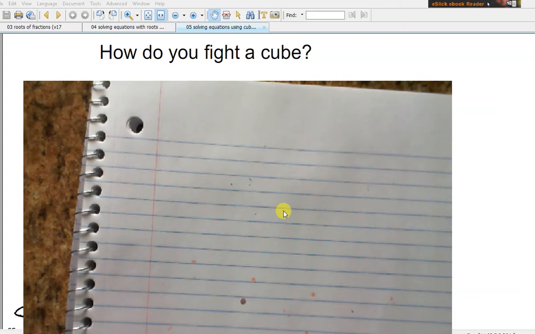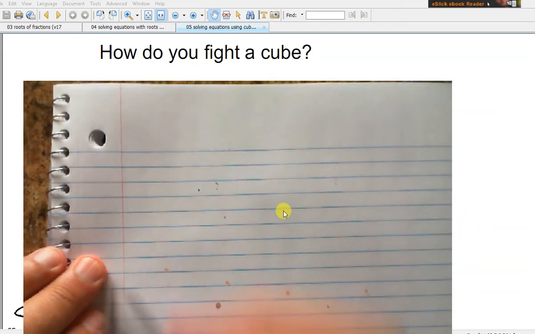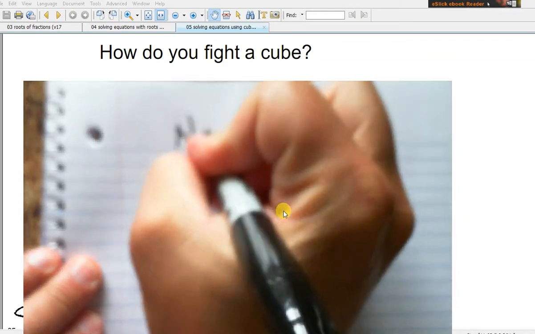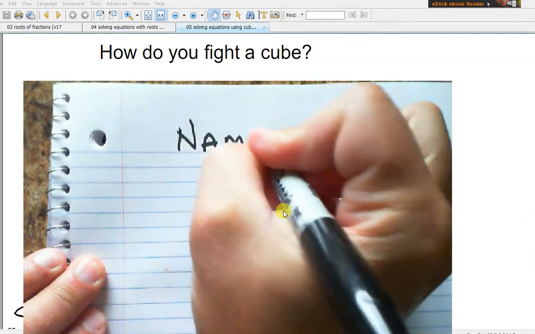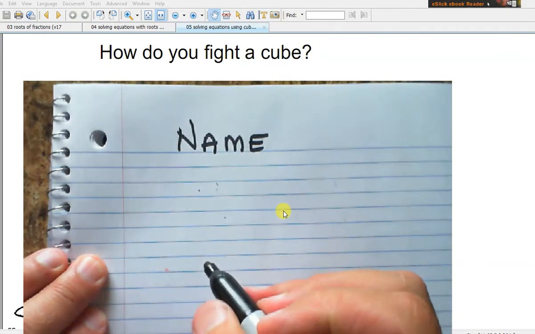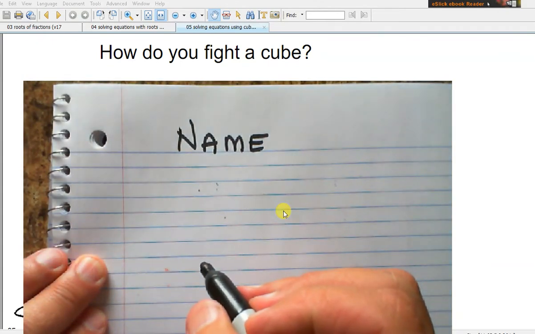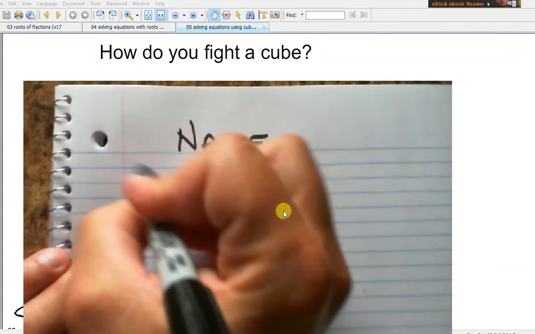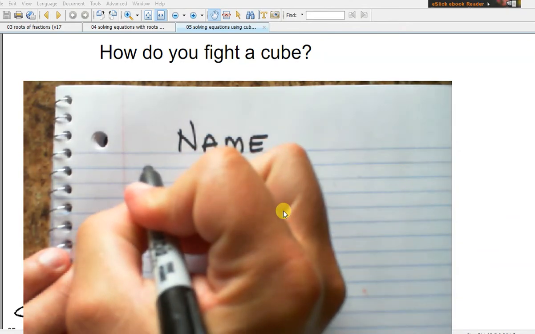Start with your name. Our title is Solving Equations with Cube Roots.